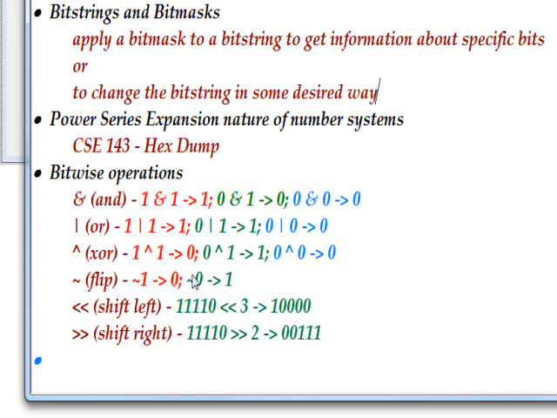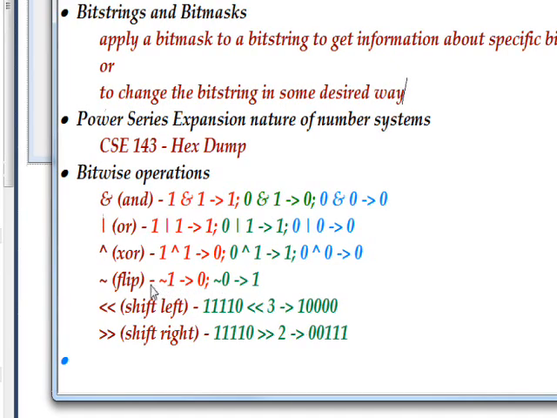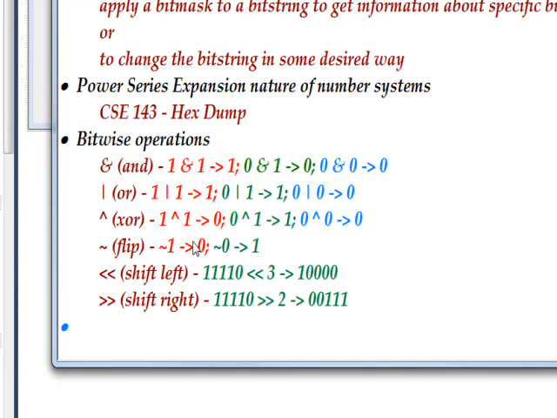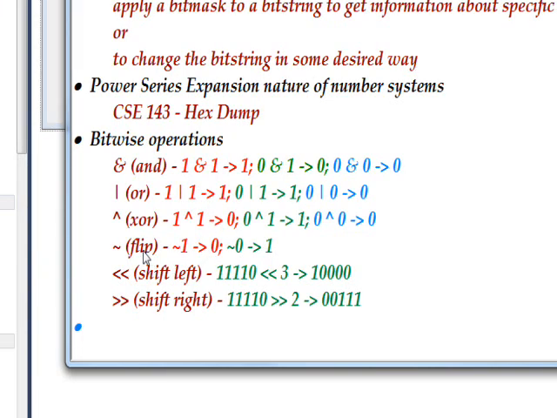If you have 101, you'll get 010, and so on. This, along with the next two, are what are called unary operators. The ones above are binary operators, where you have 2 parameters of string and a mask. But in the unary operator, you're just operating directly on the string, so you only have 1 parameter.